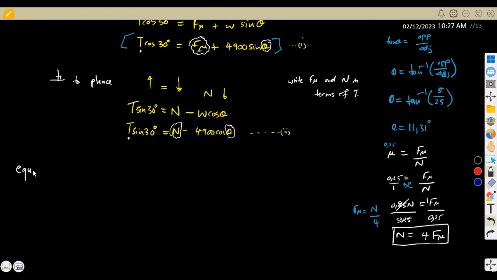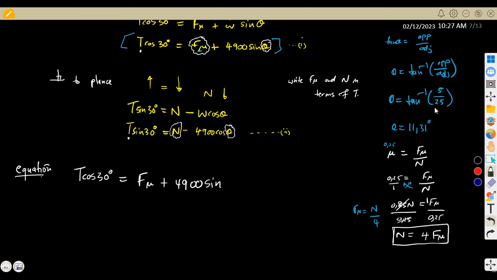Let's start with equation 1. From equation 1, we have got T cos 30. Let me just write it as a fraction, guys. I'm just going to leave it like that, which is equal to the frictional force plus 4900 sine of theta.